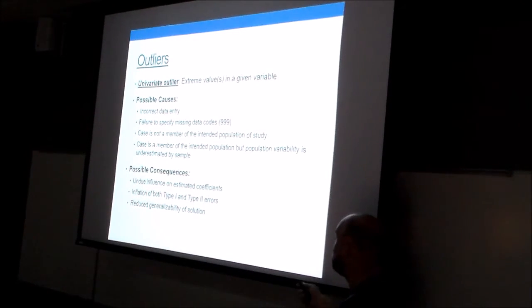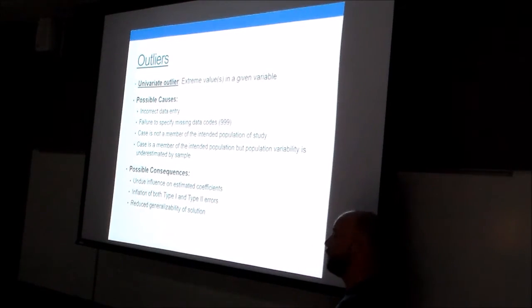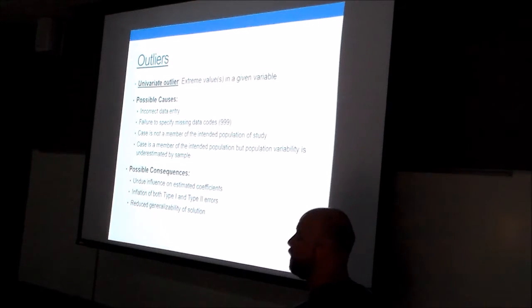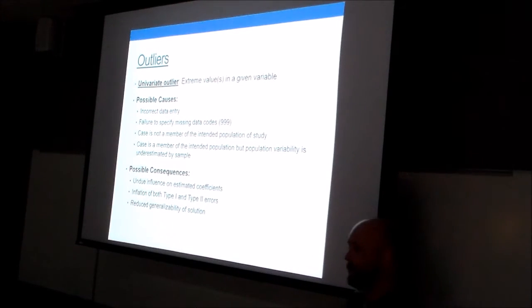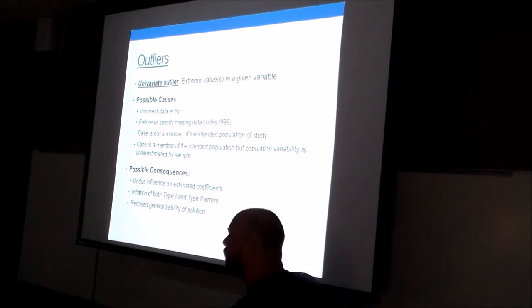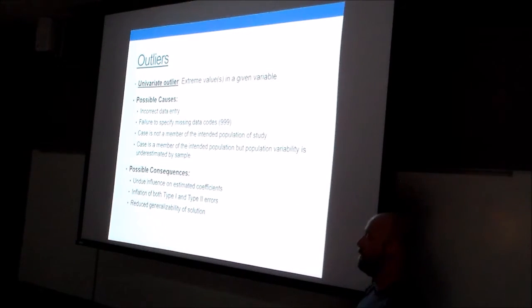Another cause is that the case is not in the intended population of study. I want to look at income in undergraduates, and it tends to be quite small. But I've got someone reporting an income of $85,000 a year, and that's an outlier. I'm like, what's going on? I look and see it's a non-traditional student who's just in the class.